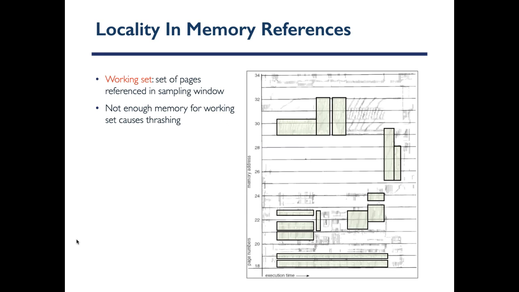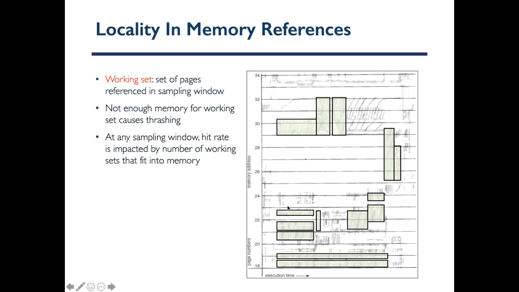Now, usually you have structures like this. So if I'm just putting marks on this graph, I can run my sampling window on any particular window and look at all these areas.